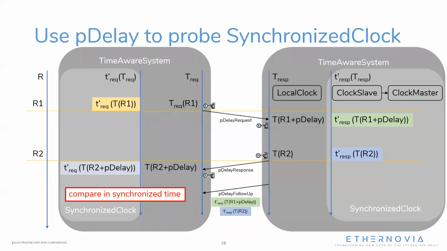Furthermore, we can do a similar thing for the pDelay messages. For the pDelay messages, we can not just use the local time, but also record on both sides the synchronized time of when a pDelay request was sent, when a pDelay request was received, when the pDelay response was transmitted, and when the pDelay response was received.